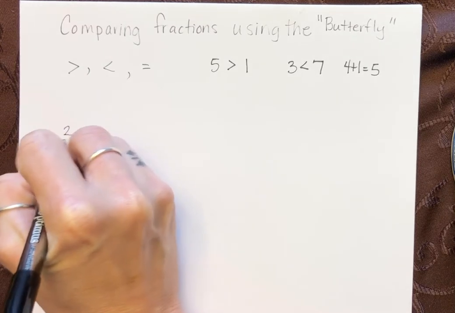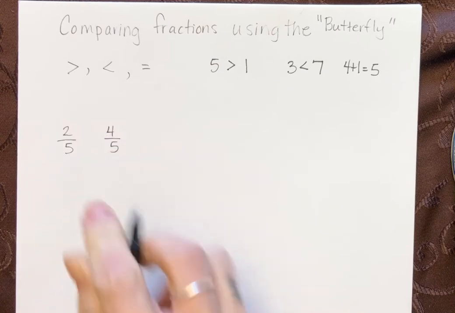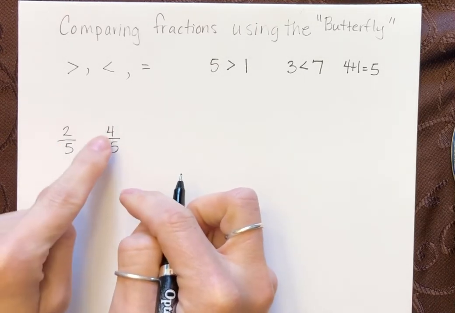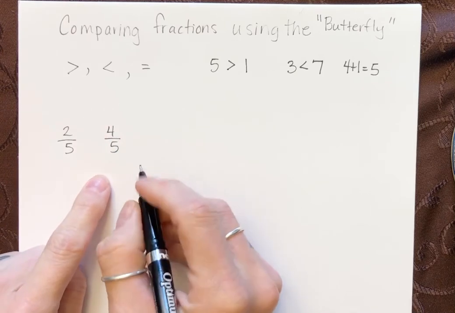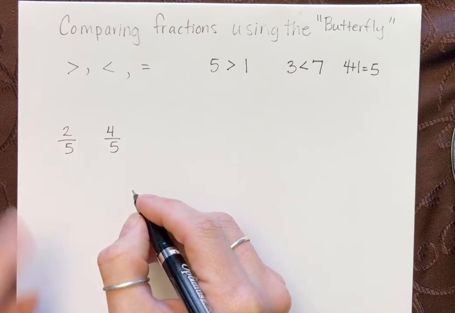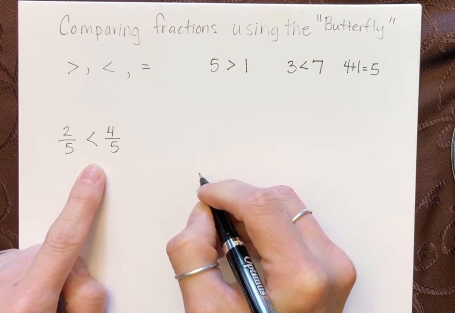So if we have 2/5 and 4/5, we can simply look at the numerators and find the largest one. We know that if we have 4 out of 5 of something, that it's greater than having 2 out of 5 of something, okay? So 2/5 is less than 4/5, okay?